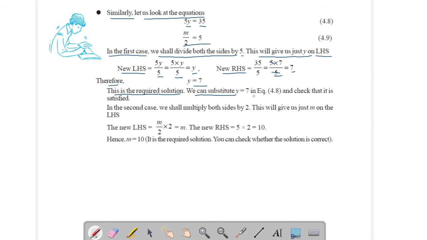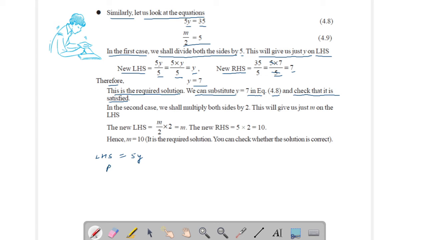We can substitute y equal to 7 in the equation 4.8 and check. Here you can check it. Say, what is equation 4.8? Equation 4.8 left hand side, it is 5y.